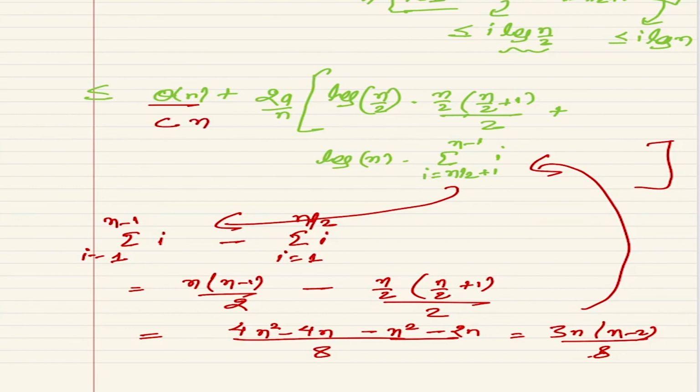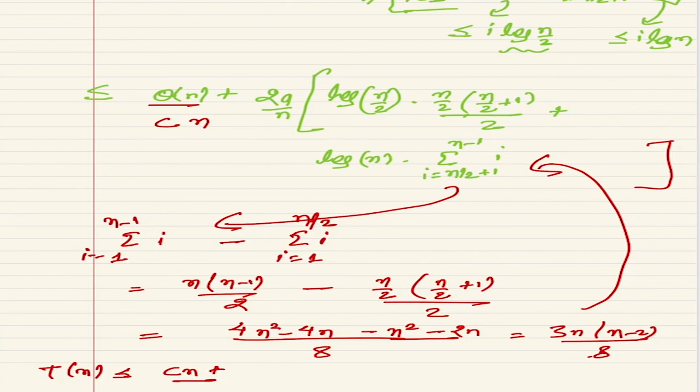Okay. So now let's again write this whole thing. Tn is less than or equal to Cn plus. Now this term you have to write carefully.